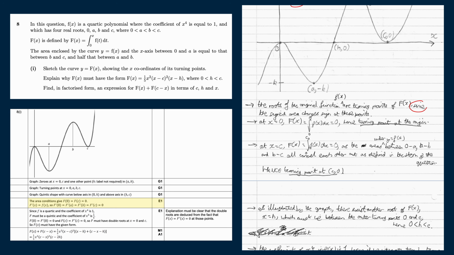And words like since, there's no need for connectives. We don't need to write full sentences in a formal, prosaic way. It's okay to use abbreviations and so on. So, for instance, we could have communicated exactly the same point by just writing roots of f and then a double-headed arrow to show correspondence with TPs of big F. That contains exactly the same substance as what's been written here, but in a fraction of the time to write.